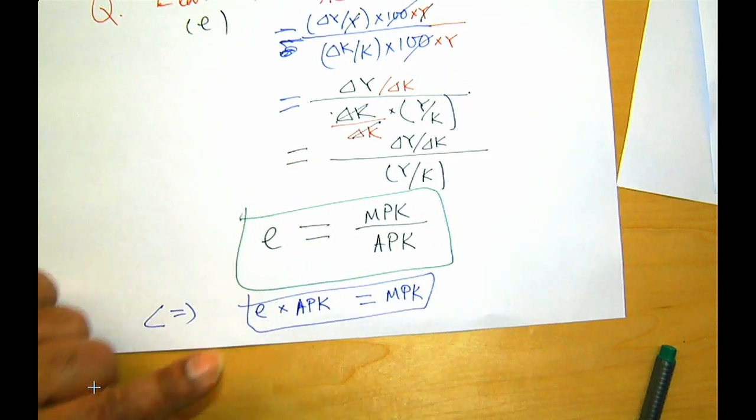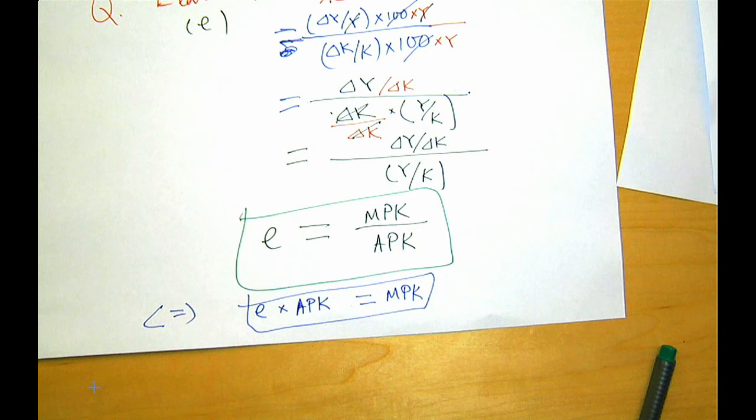Now, people who do not know calculus will find this handy. So what is MPK? MPK is delta Y over delta K.